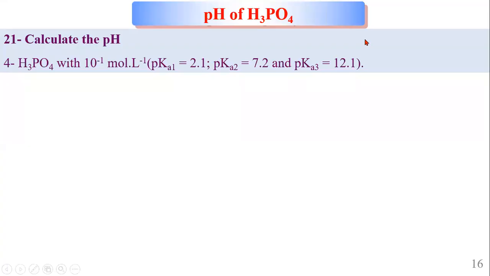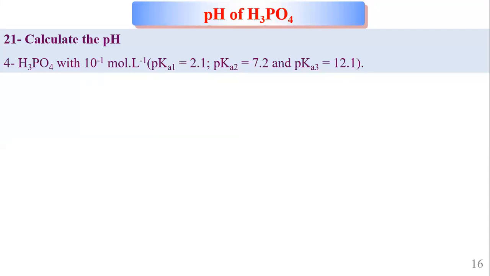Okay, so here we are, we're going to calculate. This is actually number 21 of your homework, part 4, and only the first part of it. Okay, so of H3PO4, which is 10 to the minus 1 molar concentration. And they gave us all the pKa values, pKa1, pKa2, and pKa3. And this is the order in which you have to do things. Do you really have to put the equations H3PO4 plus water becomes H2PO4 plus H3O plus, and then the rest of them?